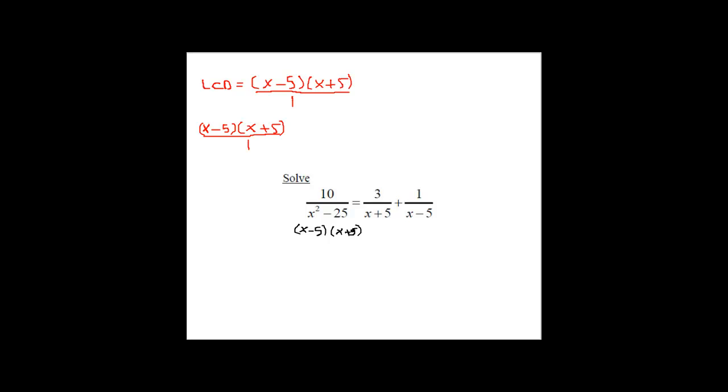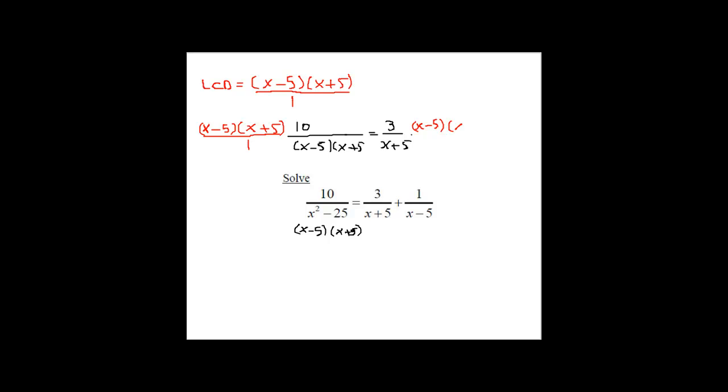So the first term here I have is 10 over 1, and I multiply it by the LCD here. And then the second term is 3 over x plus 5. So I'm going to multiply this also by the LCD. And remember why we're doing this.